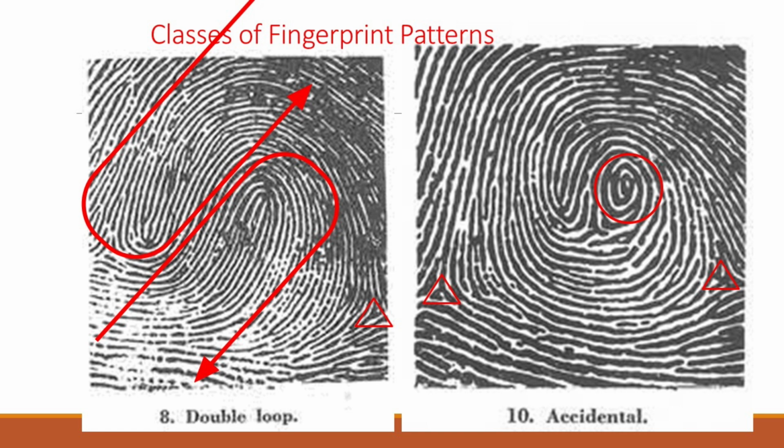Then here, the last one, accidental whorl. In this accidental whorl, you cannot actually classify it under any one that I have mentioned before. So we call it accidental whorl because you can't call it loop, you can't call it arch.